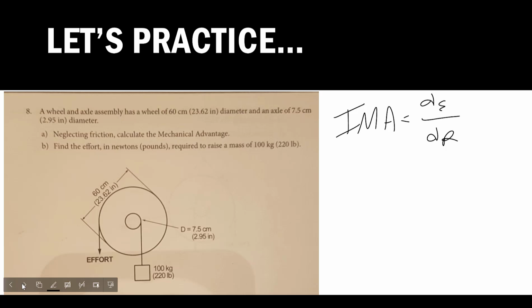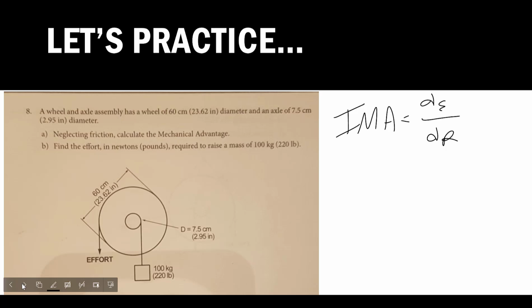Pardon my sloppy writing. So take a look at the diagram. You can see that the effort is being placed on the big wheel of 60 centimeters. The effort is being pulled down. The resistance force, that 220 pounds, is pulling on the axle. So this is kind of like a well, right? You crank the wheel and you lift a weight.